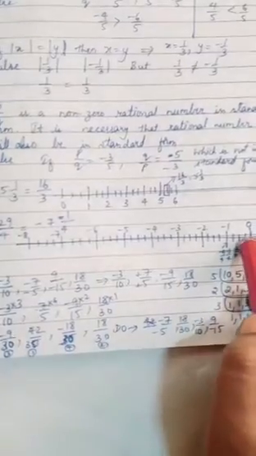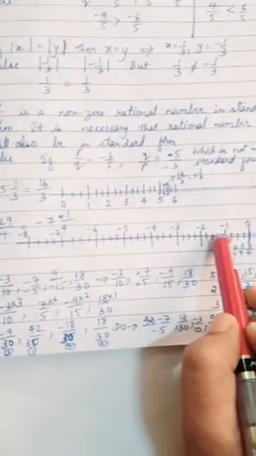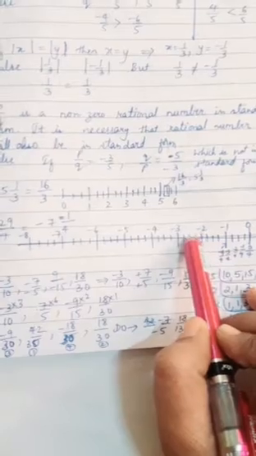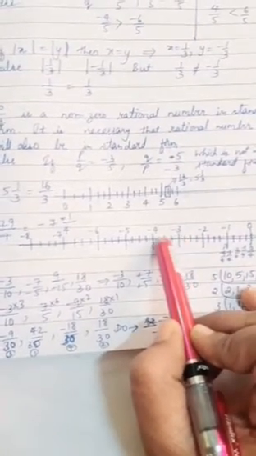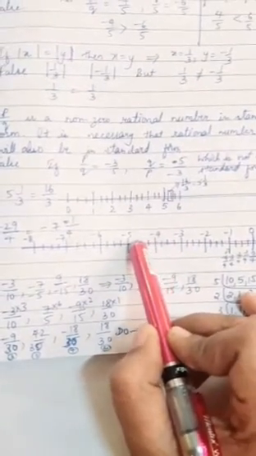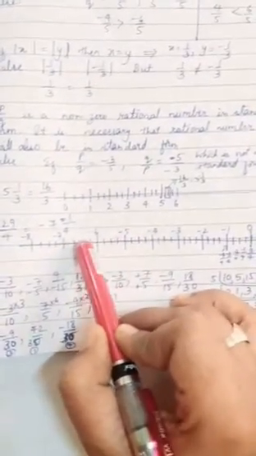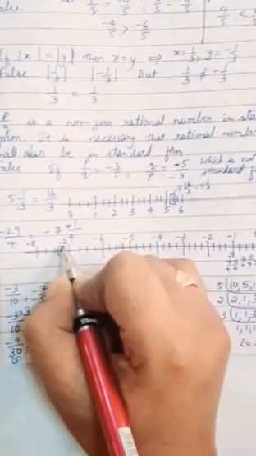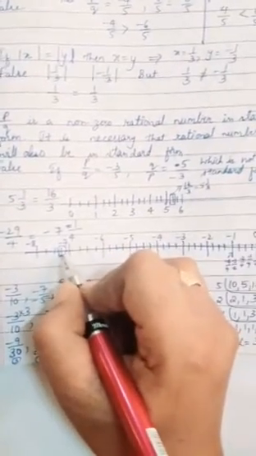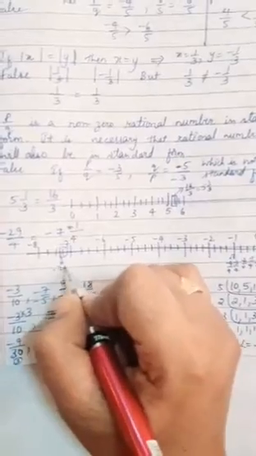Let me count here: 1 2 3 4 5 6 7 8 9 10 11 12 13 14 15 16 17 18 19 20 21 22 23 24 25 26 27 28 29. That means after minus 7 the first division is minus 29 by 4. In this way we indicate the given rational numbers on the number line.